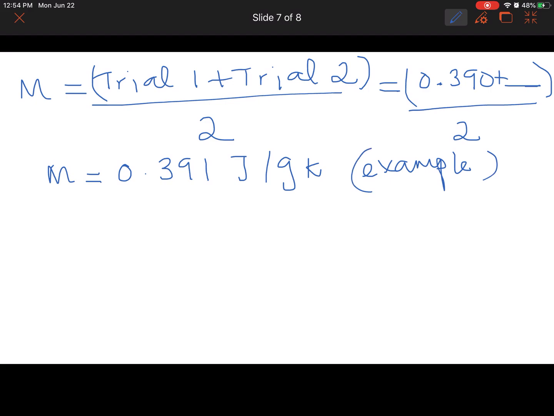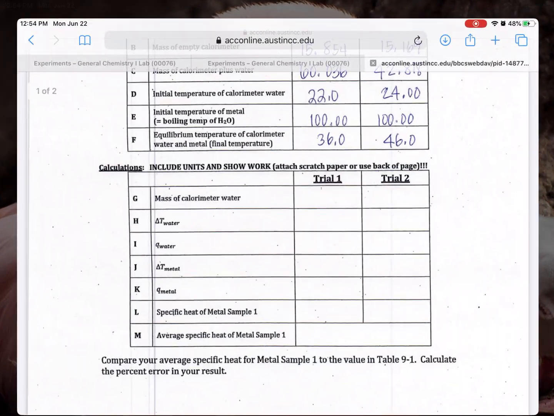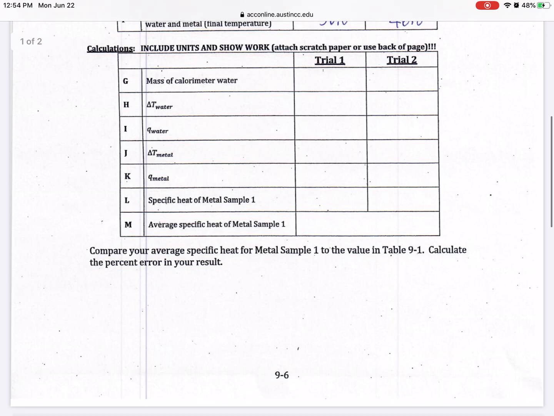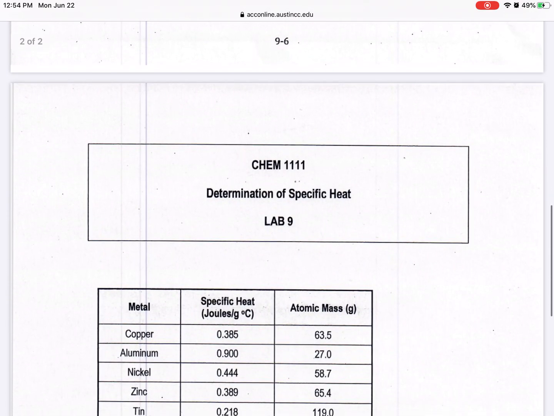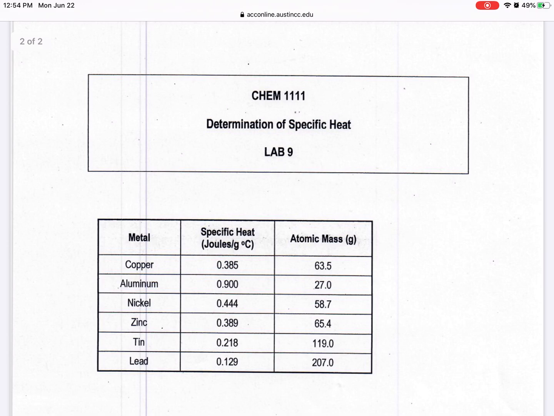And then compare your average specific heat for metal sample 1. Let me show you what I'm talking about. It says compare your average specific heat for metal sample 1 to the value in table 9.1. Calculate the percent error in your results. These are the known data. We use copper, the first one.